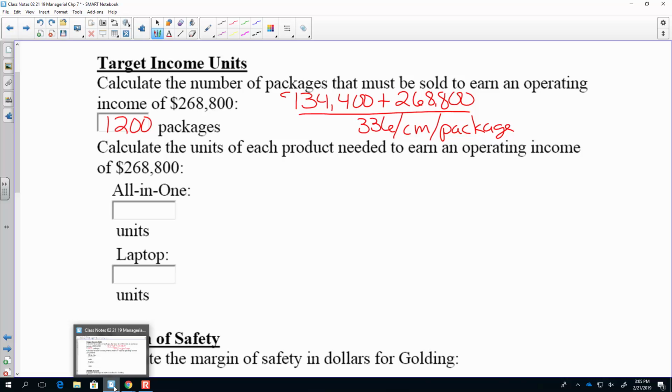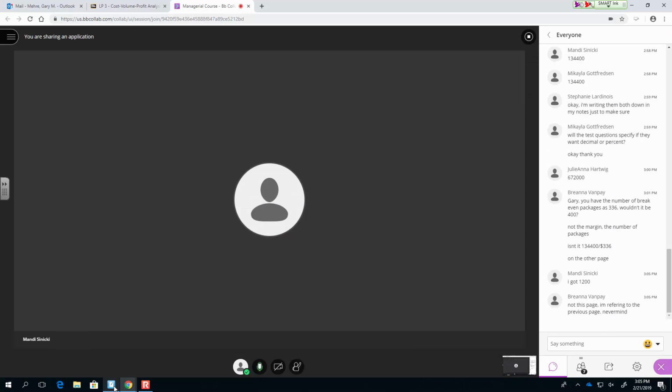Are you adding both of these together and dividing the total by 336? Yeah, 135,200. It's 268,800 plus 134,400, divided by 336. Yep. I keep getting 1,200. Okay. Yeah, Mandy, that's what I got. We got 1,200 here also.